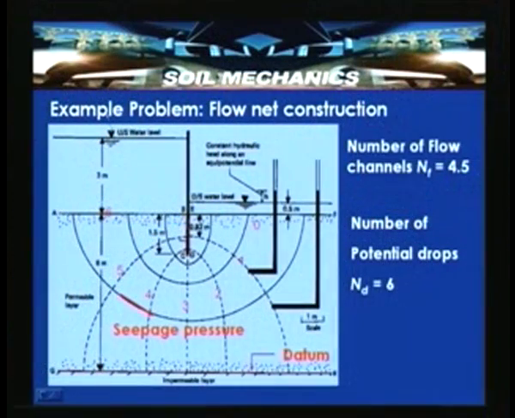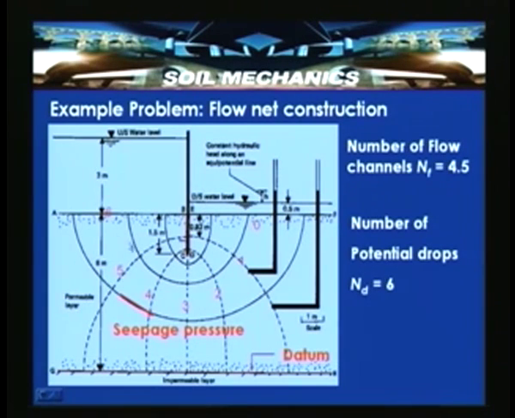If the flow is taking place, it takes place from higher head to lower head. Here, the head loss, which is the difference between upstream water level and downstream water level, is somewhere around 2.5 meters.